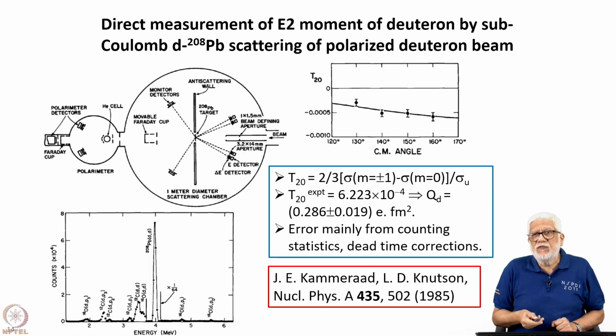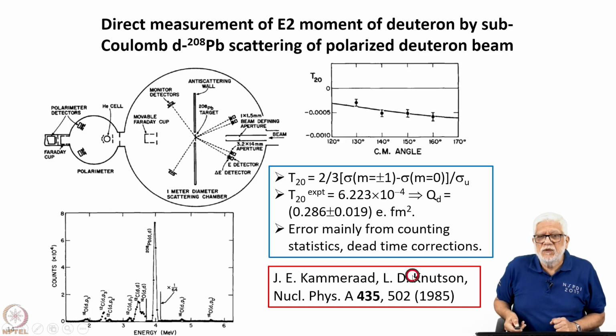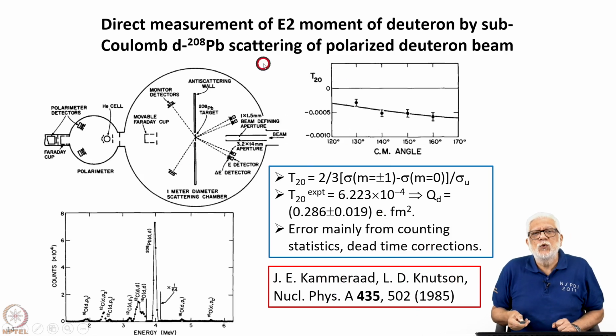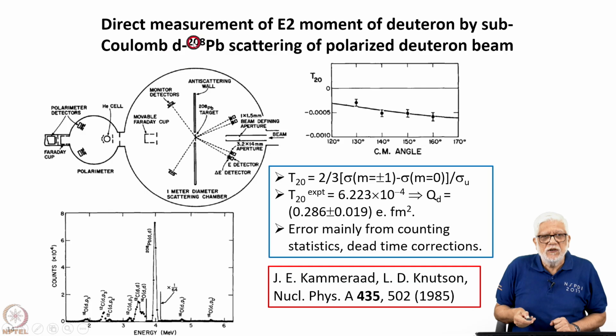There is another way of measuring this electric quadrupole moment of the deuteron, and this was proposed, and the experiment reported in 1985, by Knudsen and Kamerad. The idea is that you can polarize a deuteron.